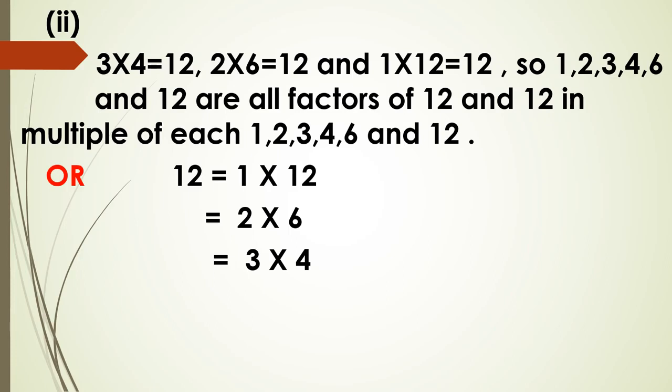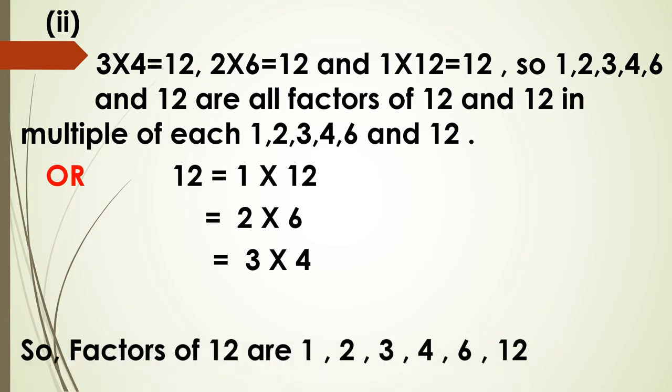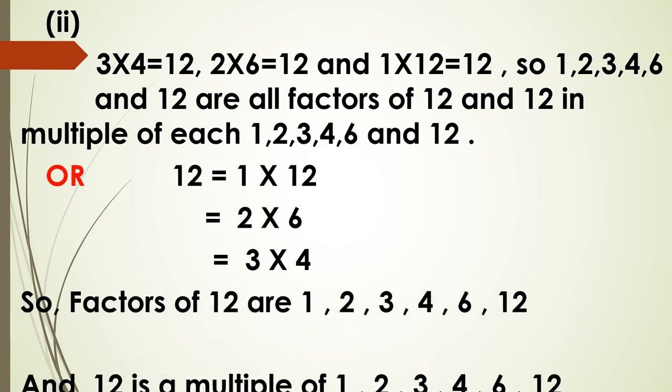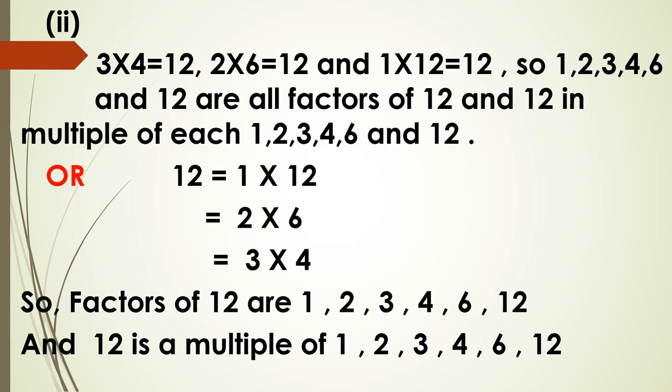Okay. So the factors of 12, starting in ascending order, that is smallest natural number first, are 1, 2, 3, 4, 6 and 12. These all are the factors of 12. And 12 is a multiple of all these factors. 12 is a multiple of 1, 2, 3, 4, 6 and 12.